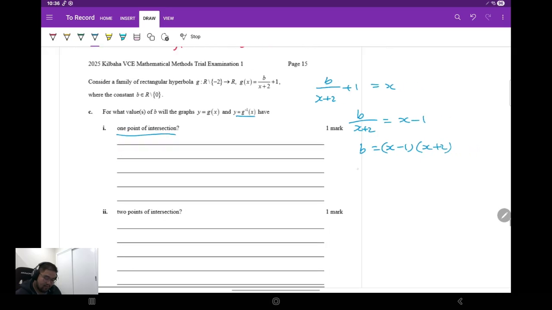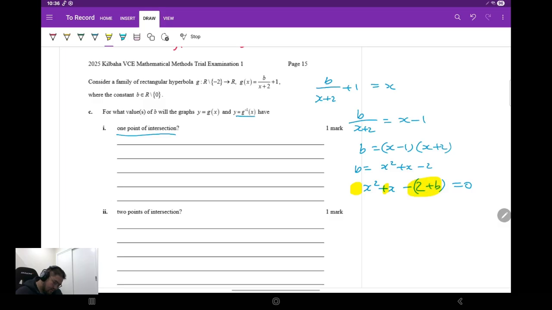So b is equal to x squared plus x minus 2. And then we can say that our quadratic now becomes x squared plus x minus 2 plus b, that equals 0. So now this is our a value, that's our b value, and that's our c value.